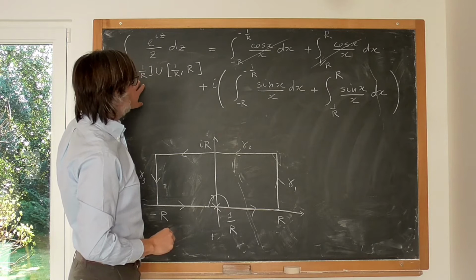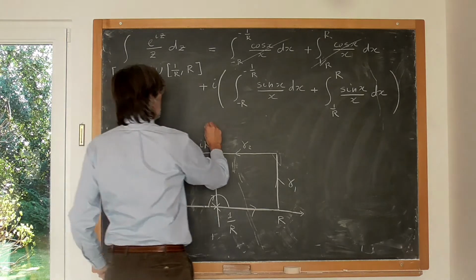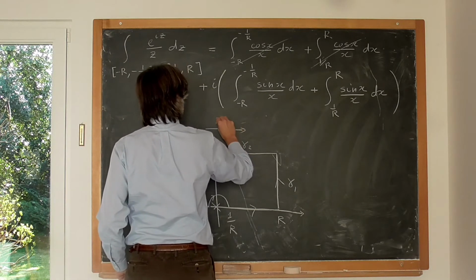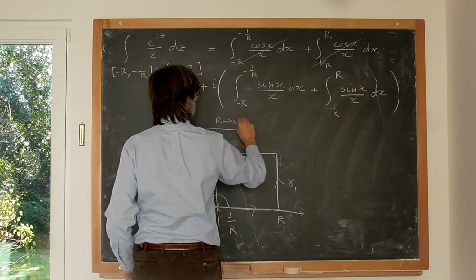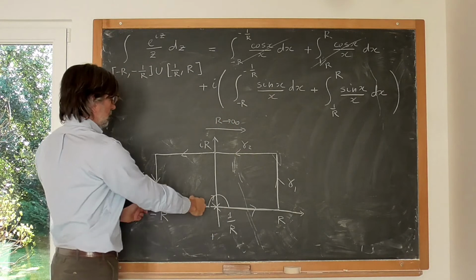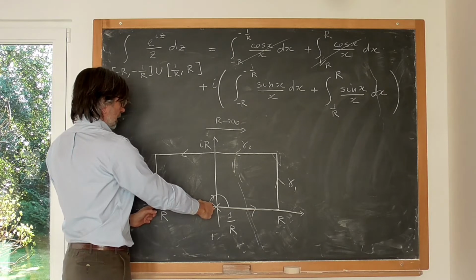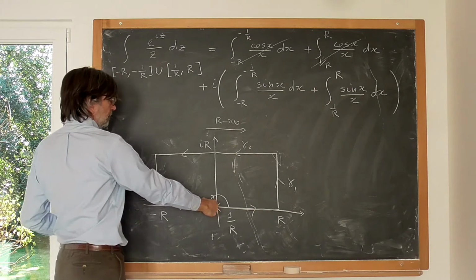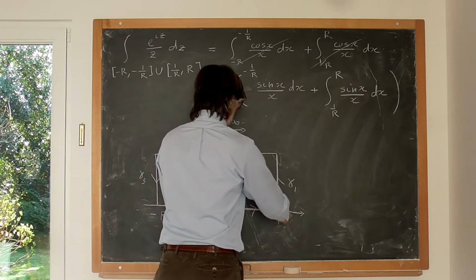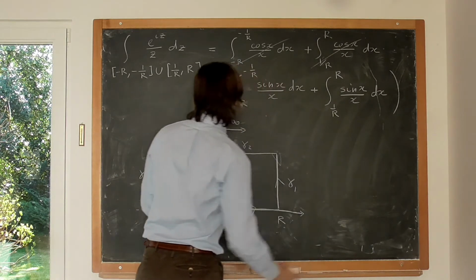Now what happens when r goes to infinity? When r goes to infinity, this interval is invading the negative real axis, and this interval here is invading the positive real axis.